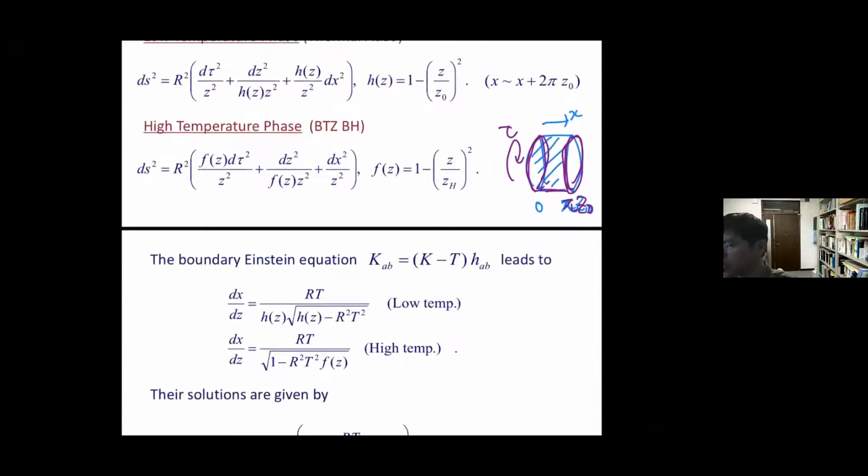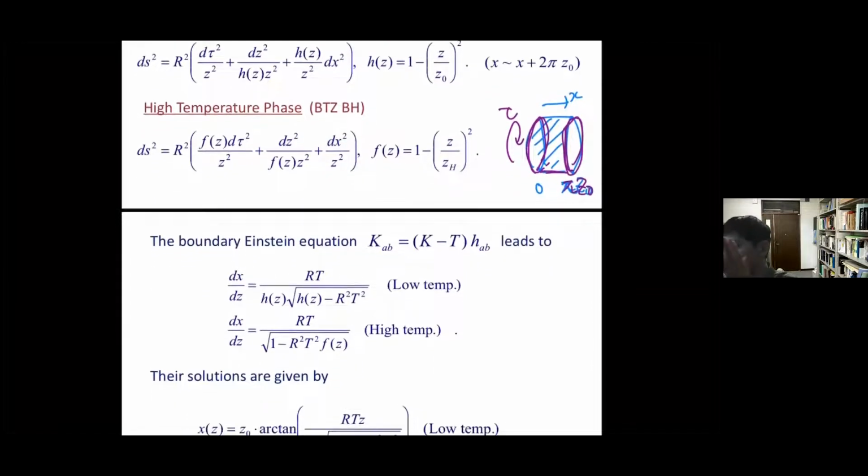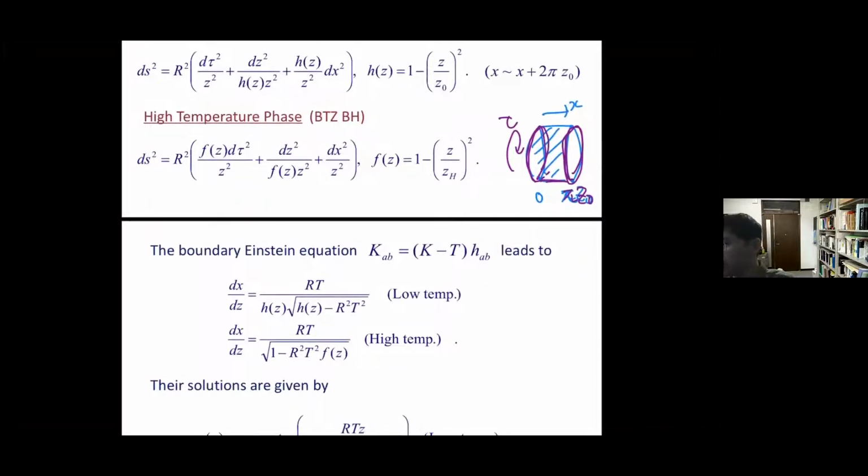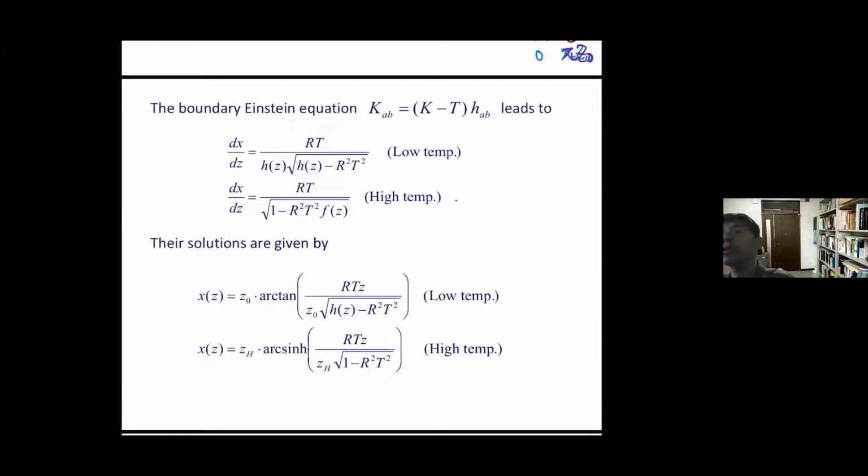But this is just a bulk solution, so we have to cut out the geometry, right? So we cut out the geometry like this, and we need to solve the boundary Einstein equation, which is given by K_AB equal to h_AB times some constant that depends on the tension. This is not temperature, this is a tension. It gives this boundary Einstein equation, which basically gives two differential equations. One is for lower temperature, and this is for high temperature.